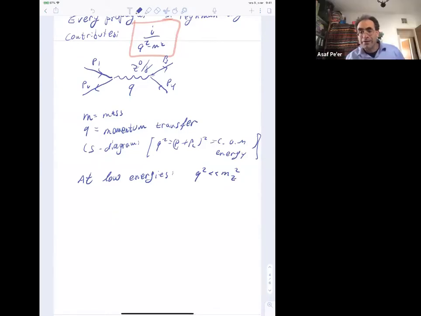Q is less than 90 GeV. So if I compare a diagram with the weak force and the diagram with the electromagnetic force, which is mediated by the photon, for the weak one we have 1 over (q squared minus mZ squared). Q is much smaller than mZ, so it's 1 over mZ squared.